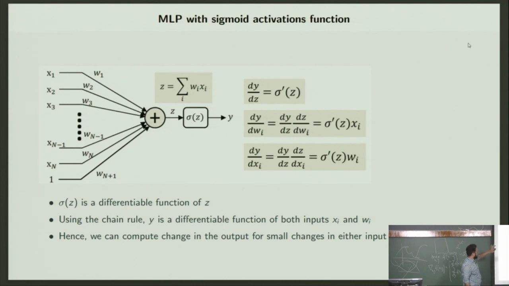The output I have is subtracted from the desired output, and the desired output has no weights. It is like the label, a fixed number. So only y depends on z, and z depends on w. So I will look for the derivative of y with respect to w. If I look at the derivative of y with w, then y is sigma of, sorry, not w, z.